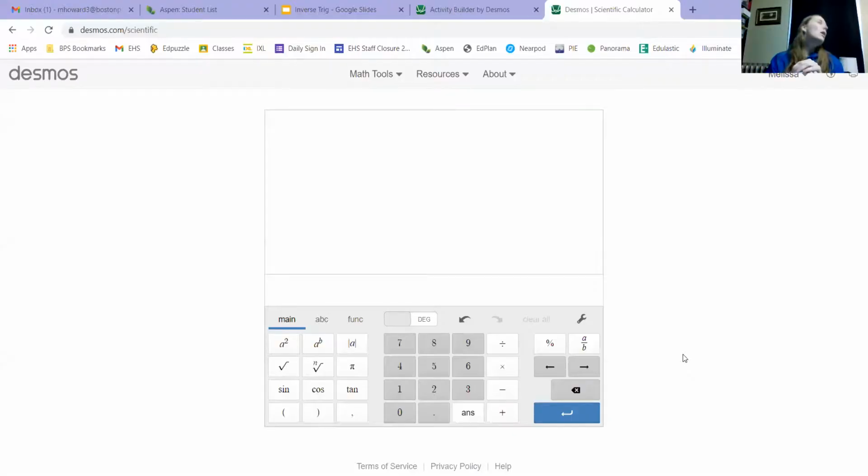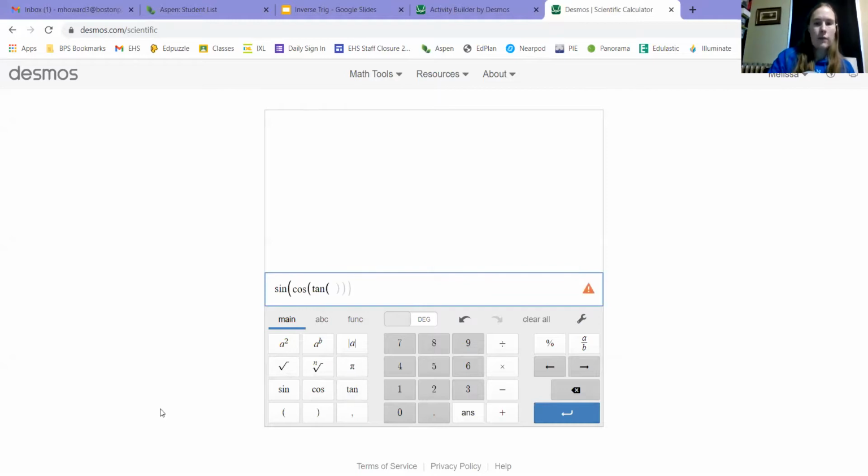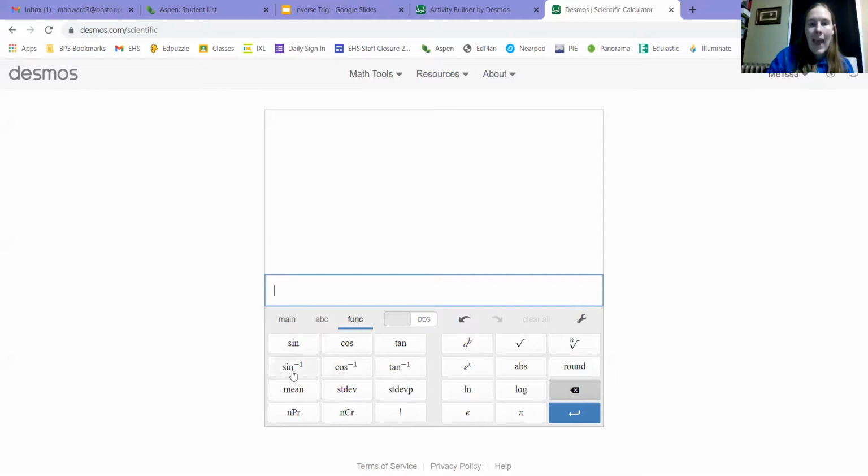Remember you want to use your Desmos calculator because your phone can do weird things. We're used to using sine, cosine, and tangent, but we need that little -1 to show the inverse. So you can press function, and they're all right here.